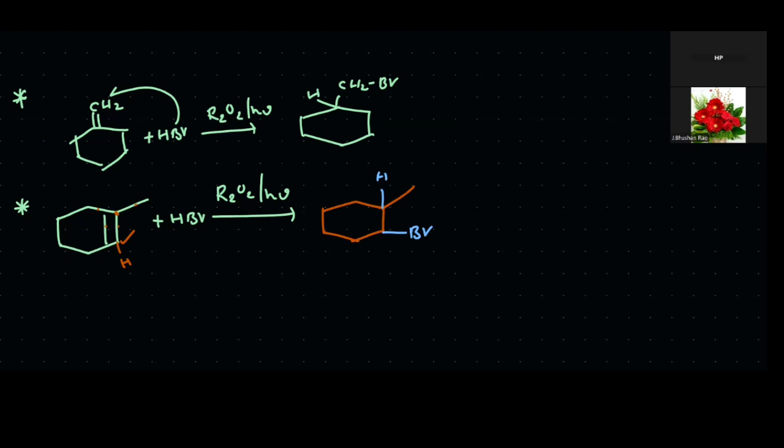The next example: CH2 CH double bond CH2, here one NO2 group is given. When it reacts with HBr in the presence of R2O2, h nu, peroxide in the presence of sunlight.